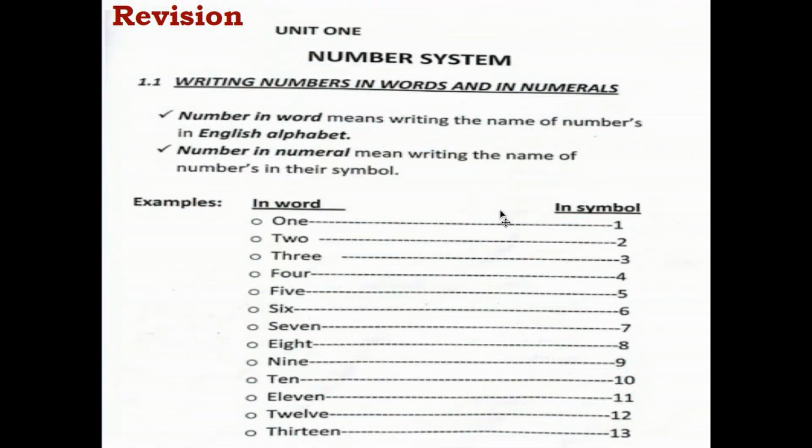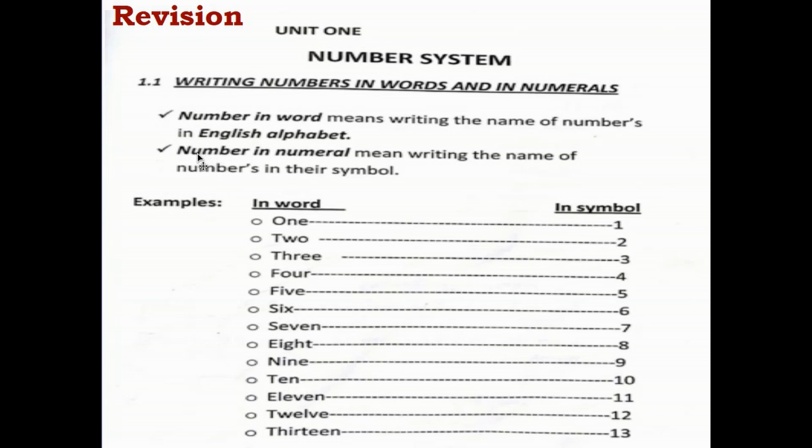Before we start today's class, let's revise what we have seen earlier. The first class. You remember, when we are writing a number in words, that means writing in English alphabet. Just like the left side here, that means writing the name of these symbols, numbers, with their corresponding alphabets.